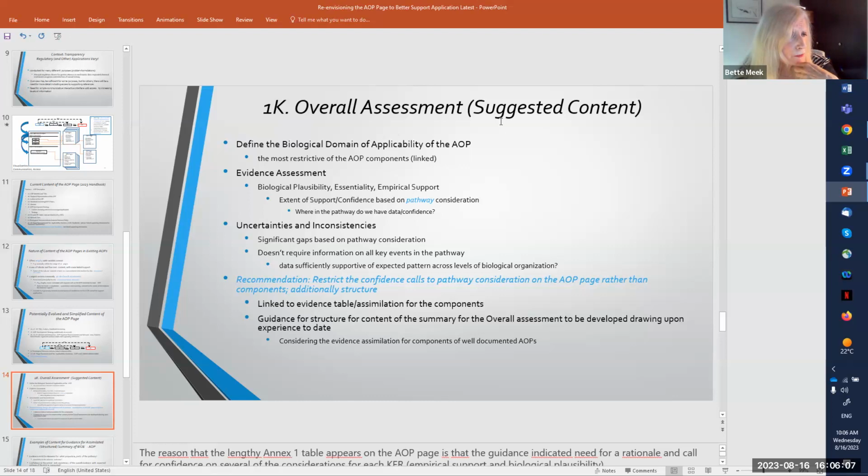The guidance for the structure for the content of the summary for the overall assessment can be developed drawing upon experience to date. I certainly saw some really nice examples of the data assimilation for consideration of the Bradford Hill considerations in assessing the overall weight of evidence. So I think it's a question of going through those to provide the kinds of guidance that people need in terms of how they might structure that and assess overall confidence in the pathway.